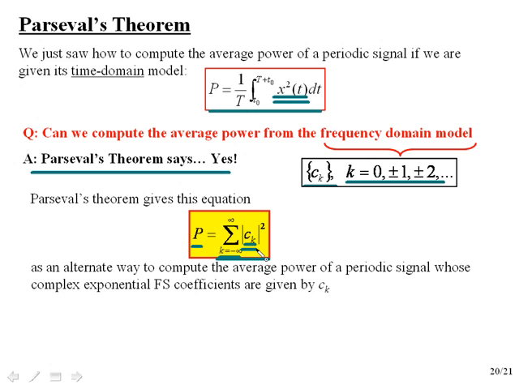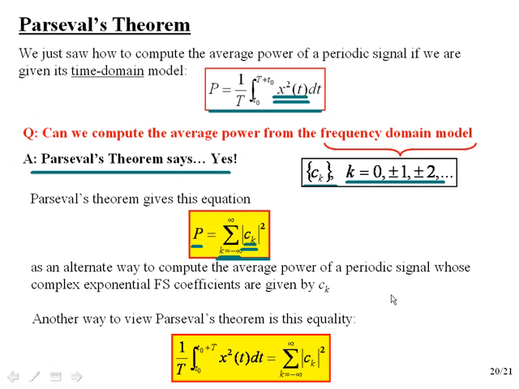We could now say, at certain frequencies, we get very little contribution, but at other frequencies, we get a very large contribution. That's what Parseval's theorem lets us do.